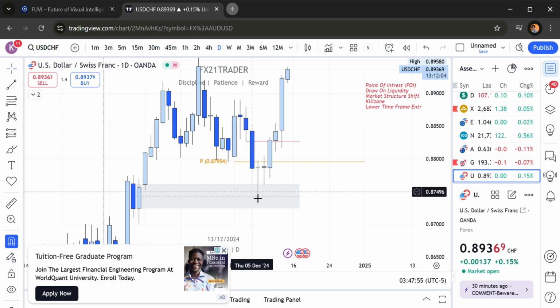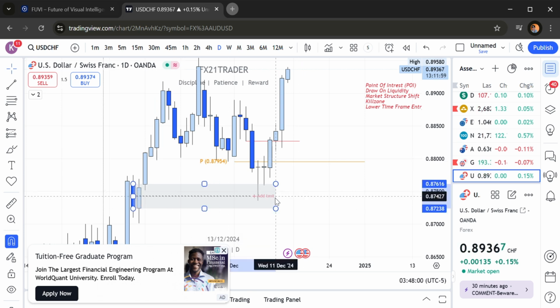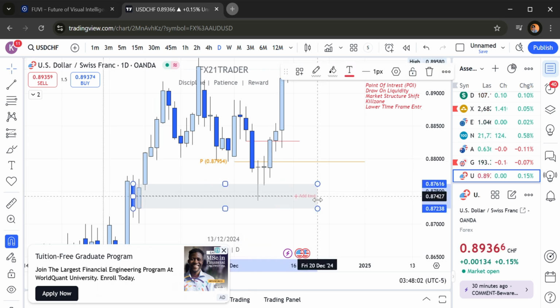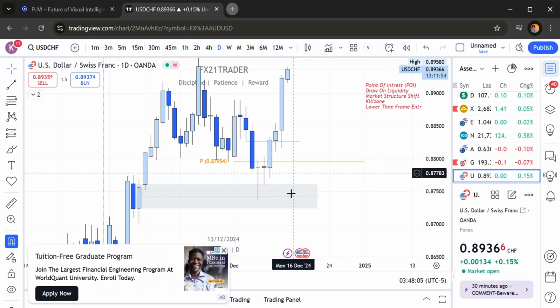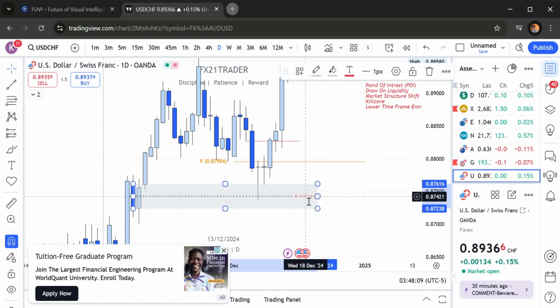So potentially this is what we selected as our POI. In ICT we use PD arrays, and this was an order block right here. Let me type this in. Order block, let me just write it as an abbreviation as OB, a +1, since it took price upwards.